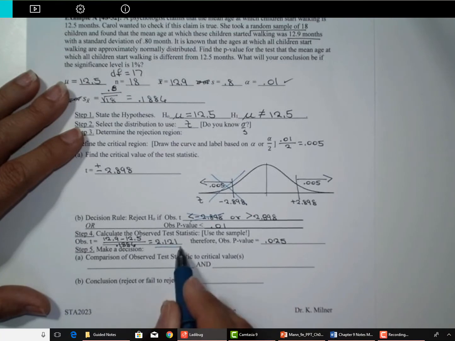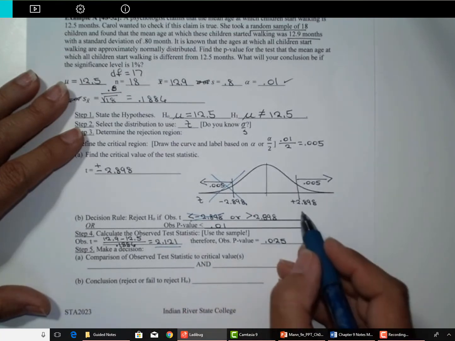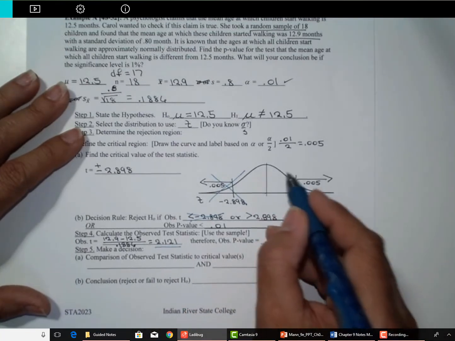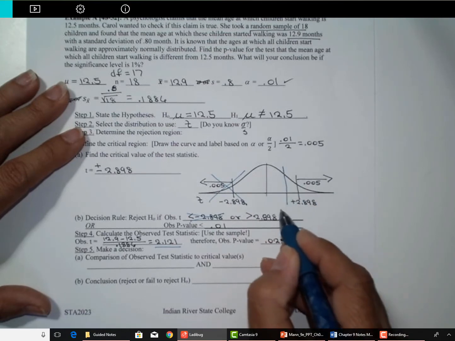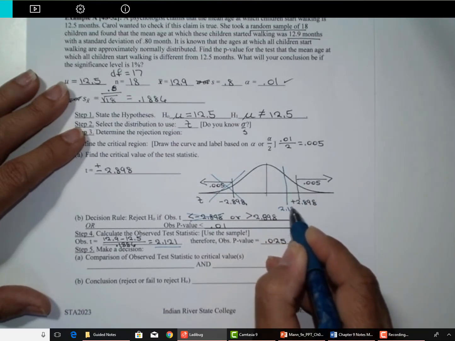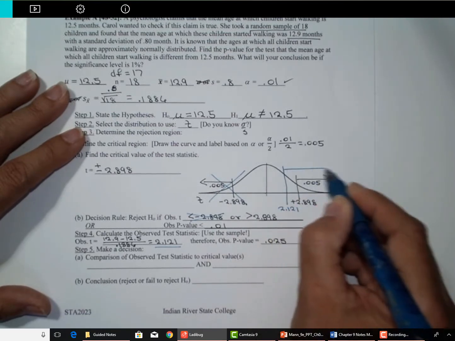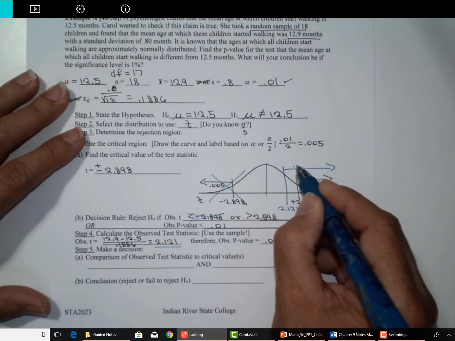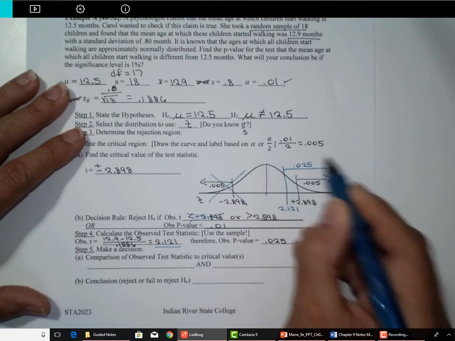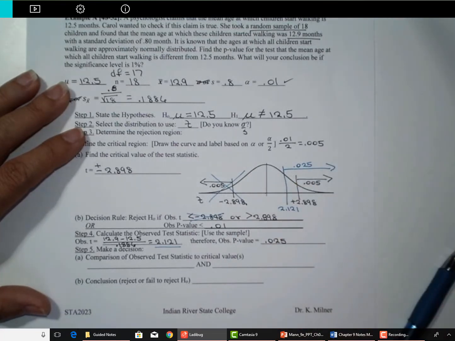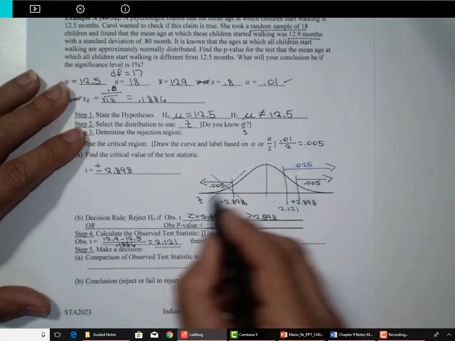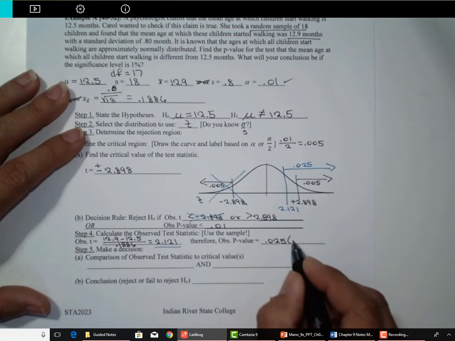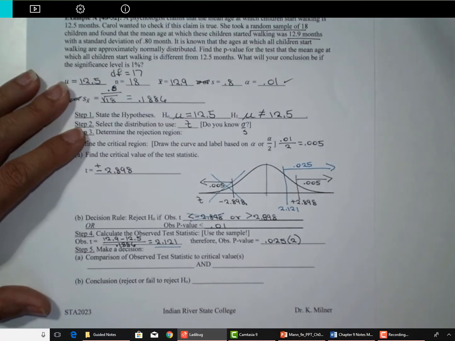I'm going to place a t-value of 2.121, and it does not seem to be falling into my rejection region. And what's the p-value that I said was associated with 2.121? It would be 0.025. Now, that's associated with 2.121, but if I want to do a p-value test and I have a split rejection region, I have to multiply this value by 2.